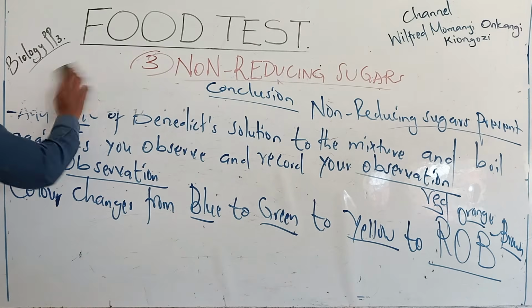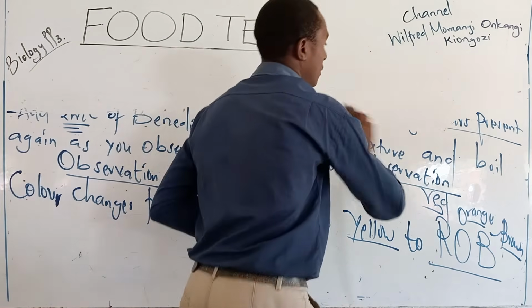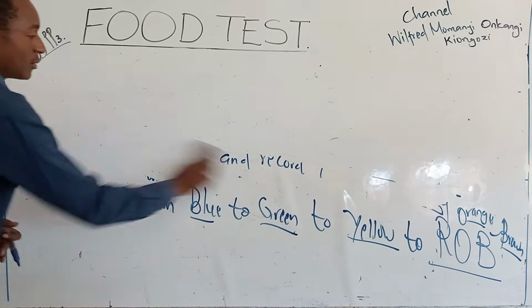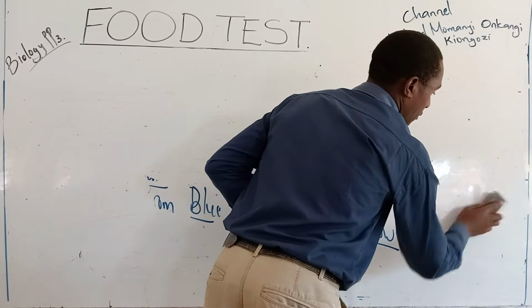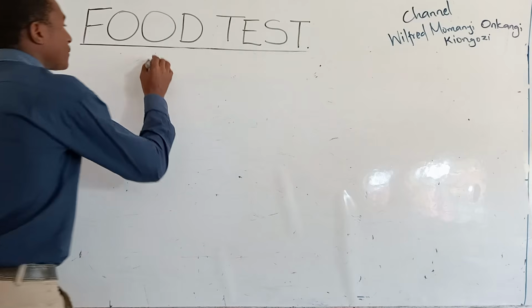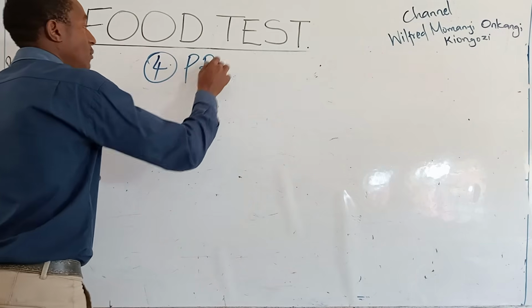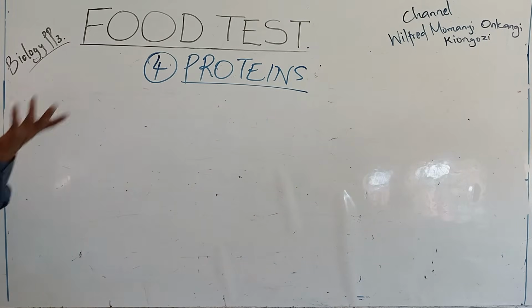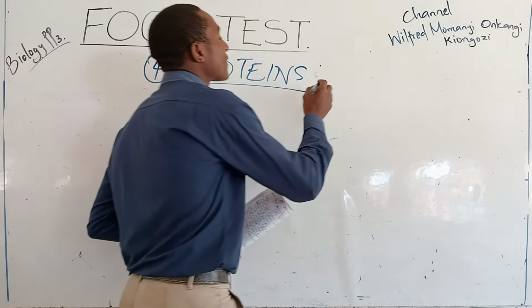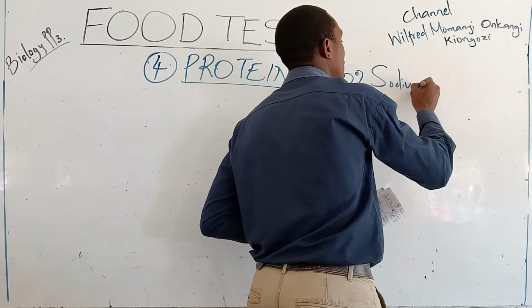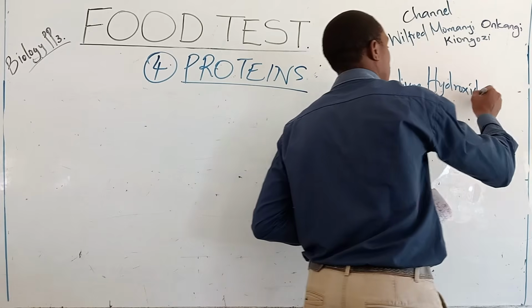We go to proteins. Proteins, number 4. In proteins, we have 2 chemical reagents, and those ones are 10% sodium hydroxide solution.